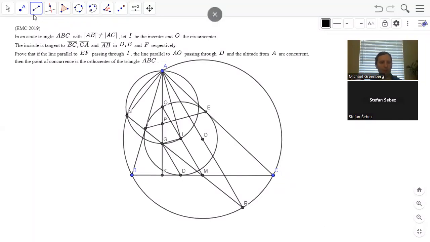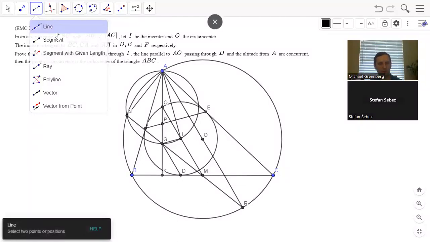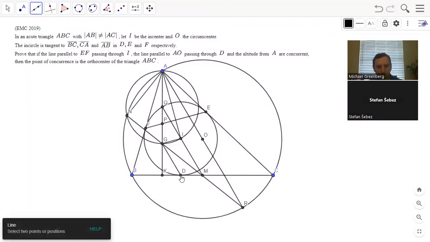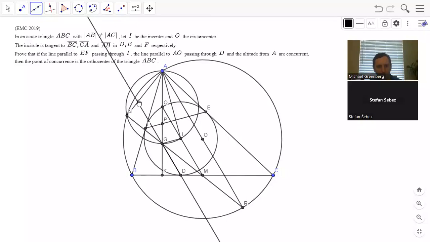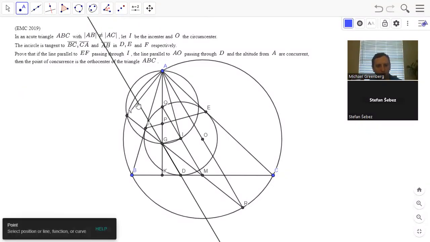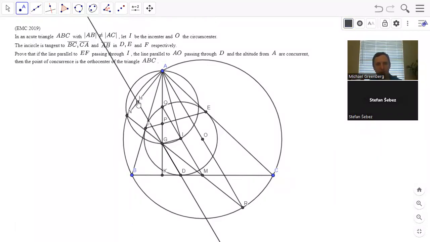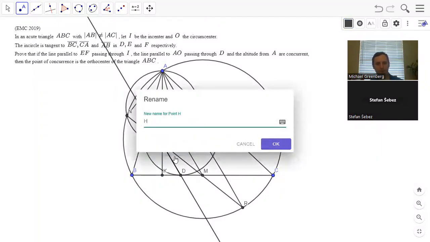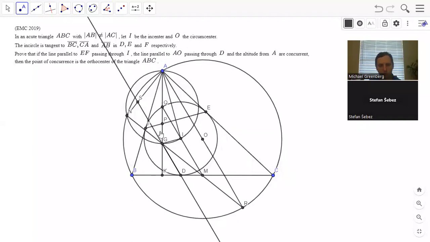So DG is parallel to AO, then we could let it cut. So then like GS is parallel to AR.